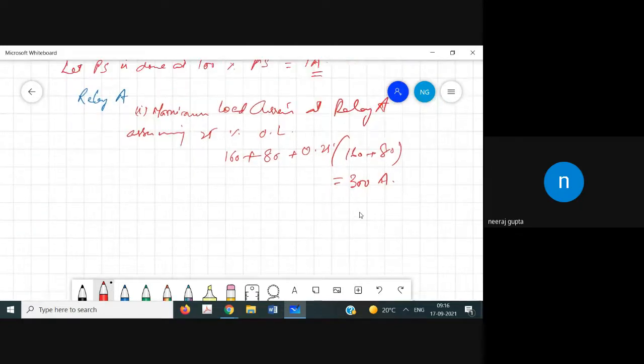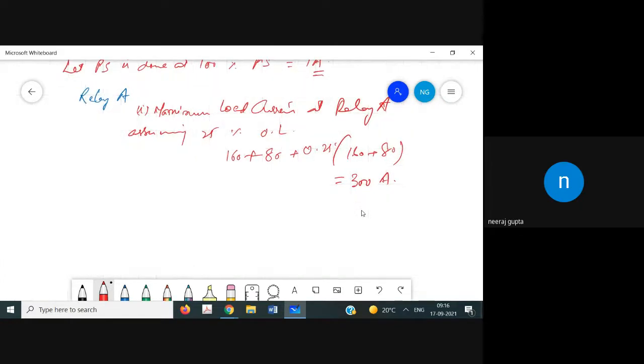Now, as per the 300 amperes, and if we assume a 1 ampere relay, the CT ratio should be selected as 300:1.